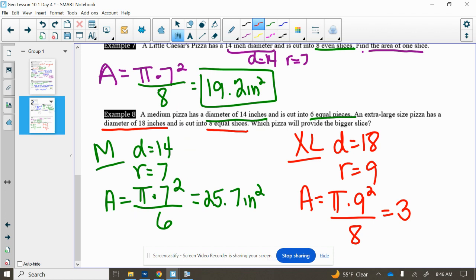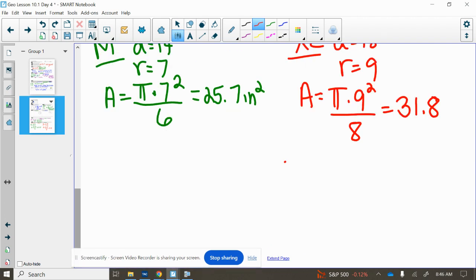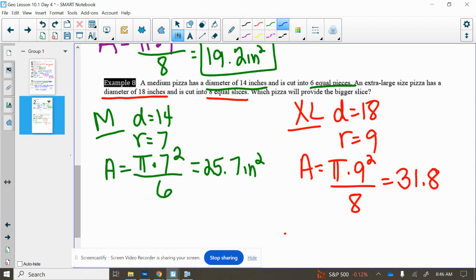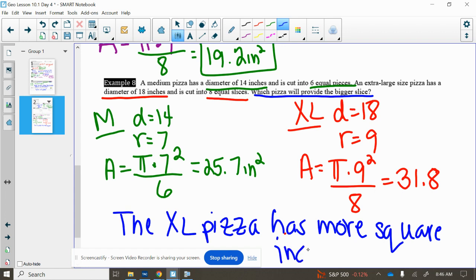So even though we have more slices, there will actually be more room in our extra large pizza to have the bigger slice. We're making sure that we actually answer the question, which pizza will provide a larger slice. The extra large pizza has more square inches per slice.